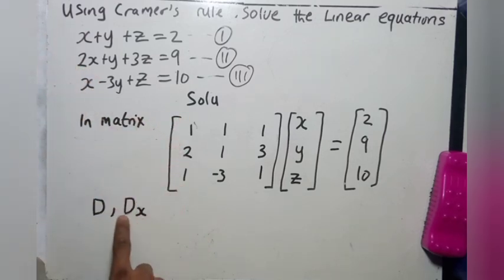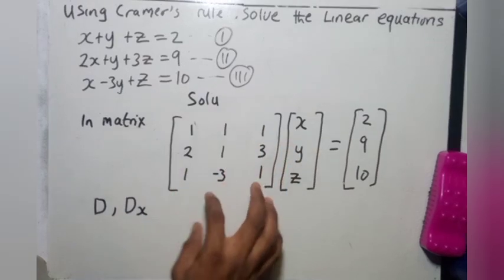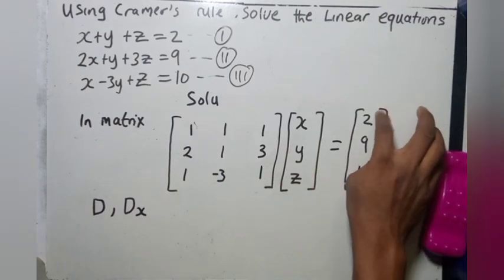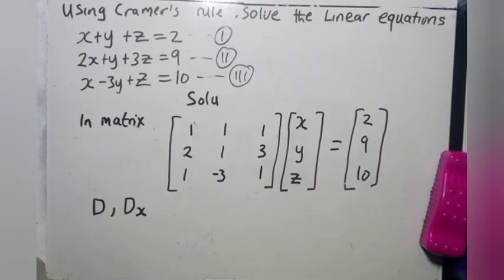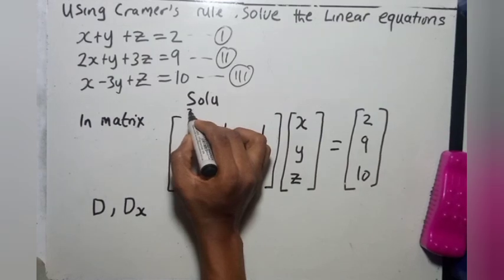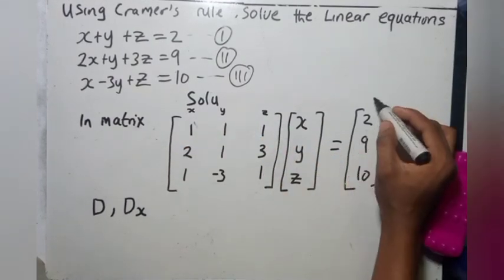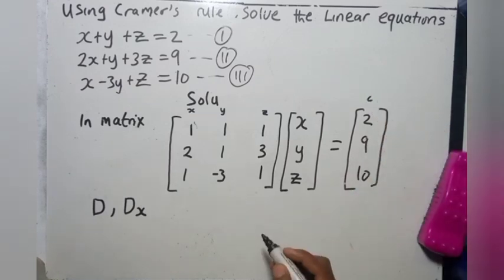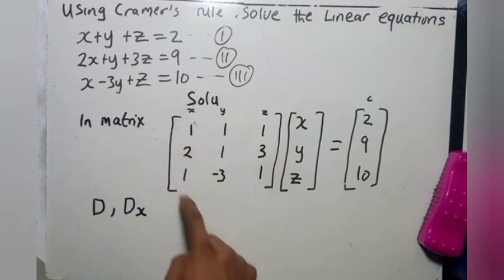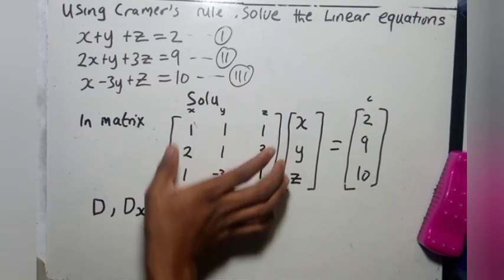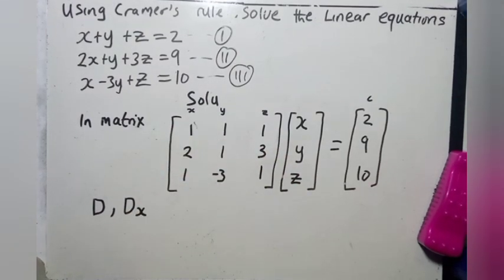So to find the determinant of dx, we'll be replacing this with this. Let's call the columns X, Y, and Z, and let's call the constants column C. So you'll be replacing the whole of the X column with C, and you get a new matrix. Then you find the determinant of that matrix. That's how you get your dx.